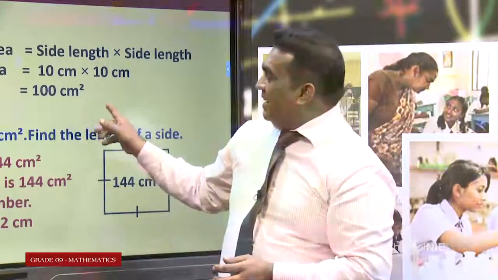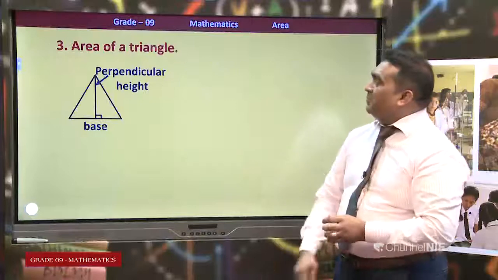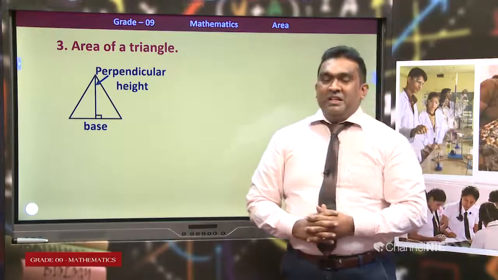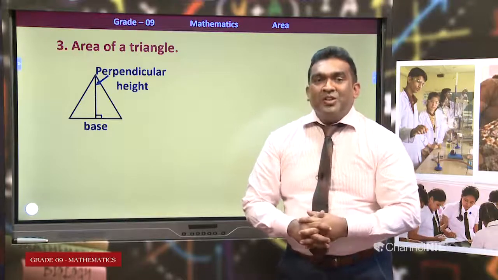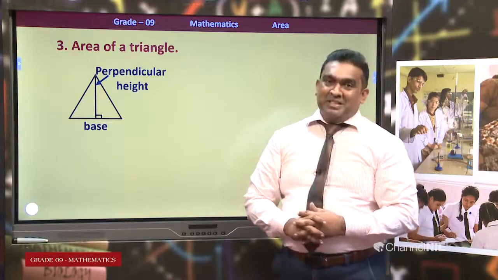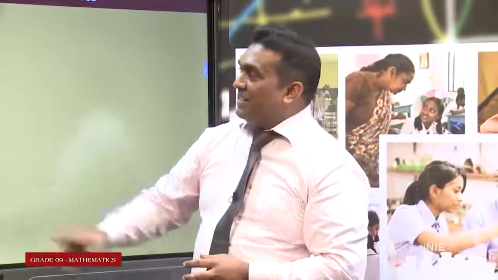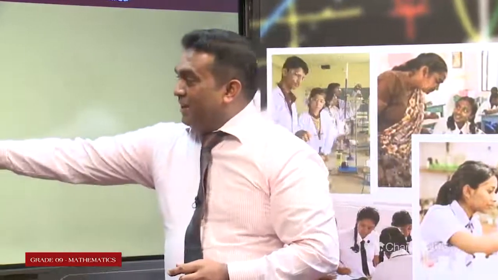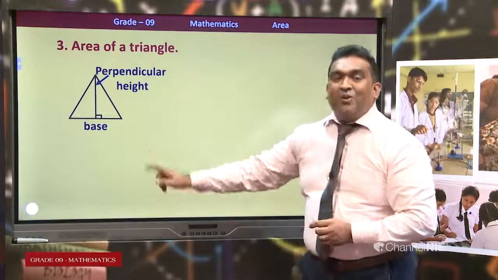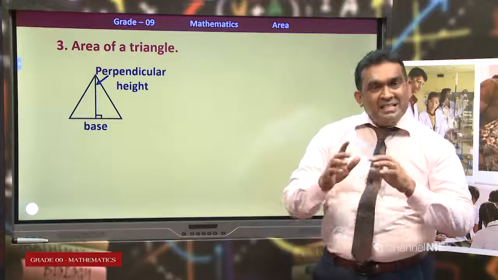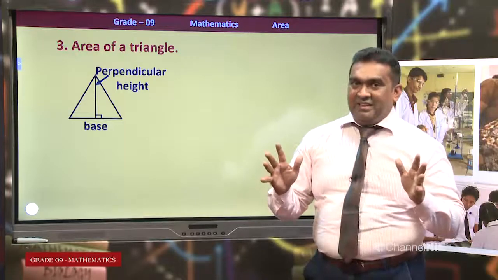Right. Now we can consider the triangle. A triangle is a closed plane figure bounded by 3 straight line segments. There are 3 sides. Here one side can be considered as the base of the triangle. Any side you can select.